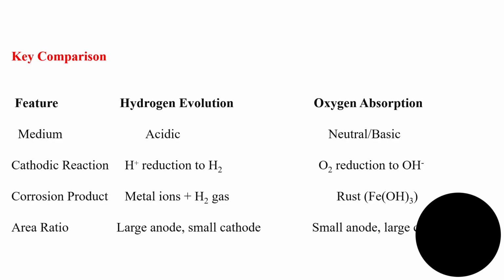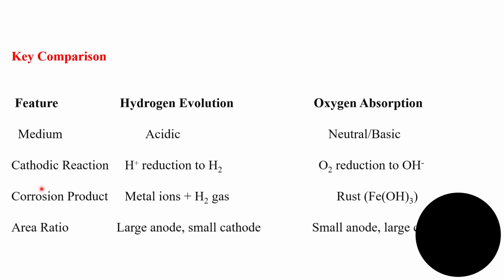Now let us compare the cathodic reactions in different mediums, particularly in acidic as well as neutral medium. When it comes to acidic medium, hydrogen evolution always takes place, whereas in the neutral or basic medium, oxygen absorption would happen.